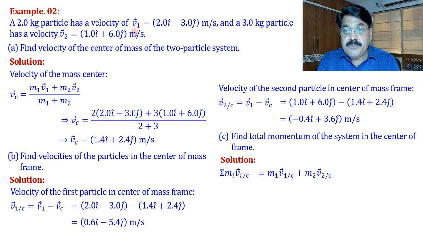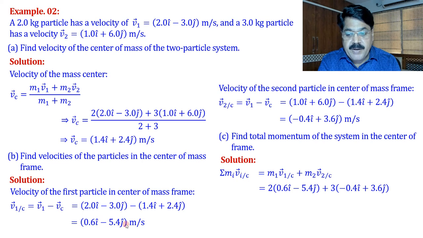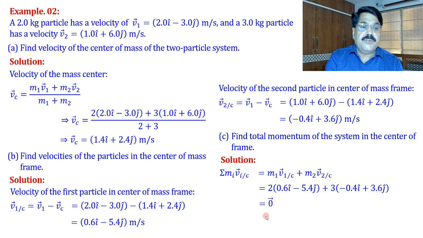For m1 we substitute 2 kg, and for this we substitute this velocity. So what we get here: 2 into (0.6 i cap minus 5.4 j cap), and for the second, 3 into (minus 0.4 i cap plus 3.6 j cap), and by solving this you will get 0. I am leaving the calculation verification to you.